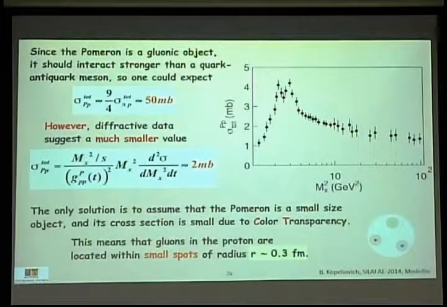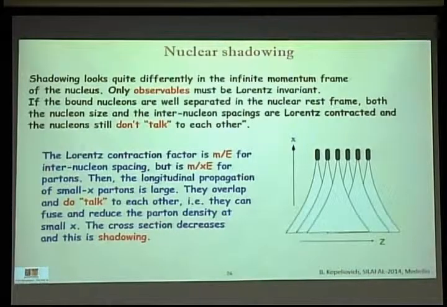I just say it's from non-perturbative effects, but this is an experimental observation. Without this small scale, you cannot describe this data. And there is actually a long list of other experimental evidence that there are 2 scales in the proton and in all hadrons, a scale which is much smaller than the confinement radius.